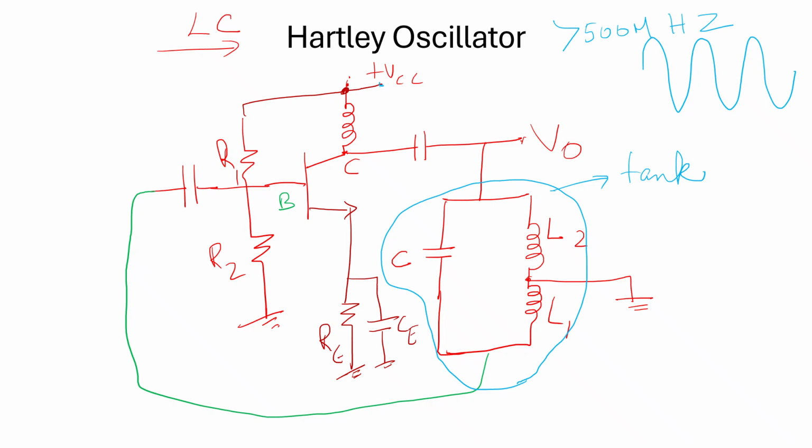So here the value of f is equal to 1 by 2 pi root of (L1 plus L2) into C. This is the frequency of the signal which is generated by the Hartley oscillator.